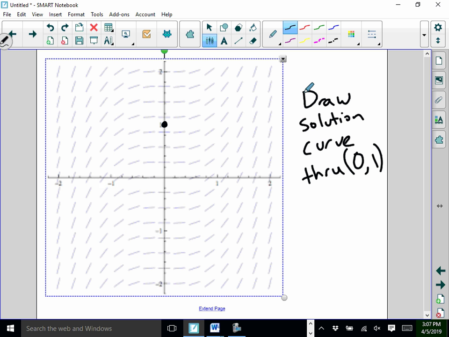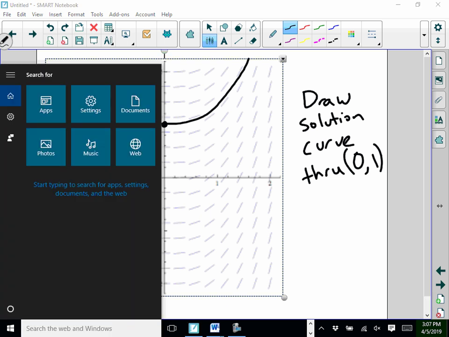It looks something like this, going to the right. Going to the left, it looks like this. So there we have a solution curve.